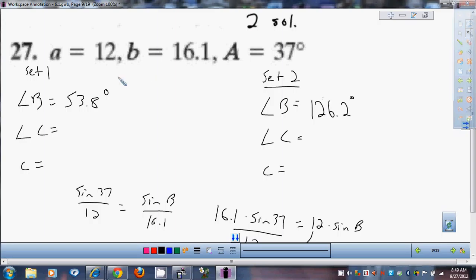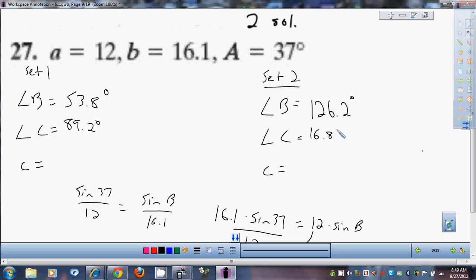So if we add and subtract B and A to find angle C, what's angle C going to be? 89.2. What's this angle C going to be? 90?